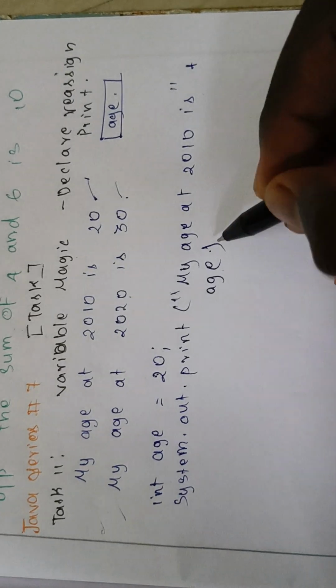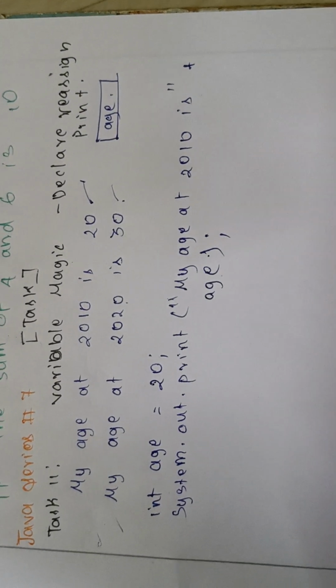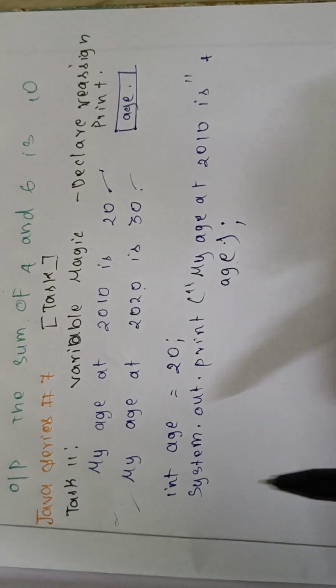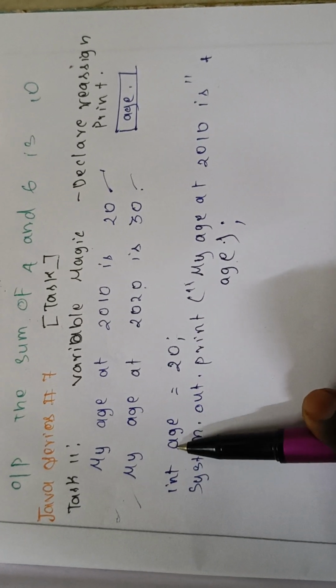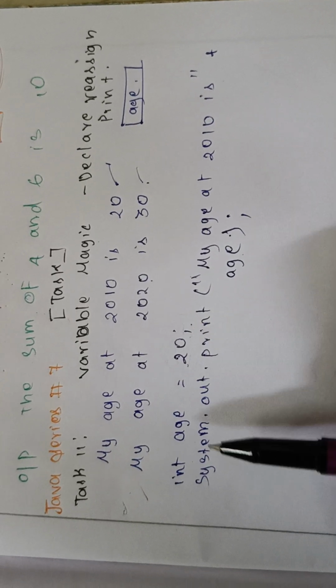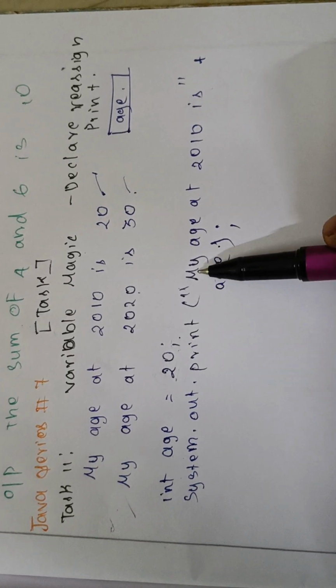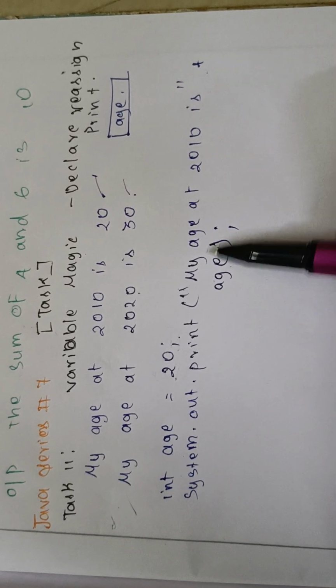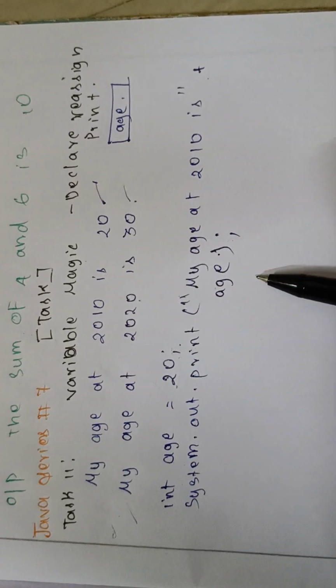Now close the parenthesis, with the double quotes, and a semicolon. After seeing this, your program will create a variable age and store the value 20. When printing, this statement will print "My age in 2010 is" plus your age, which will be 20.